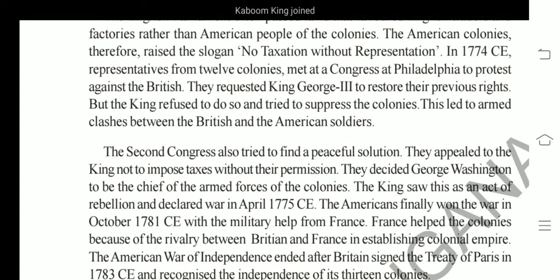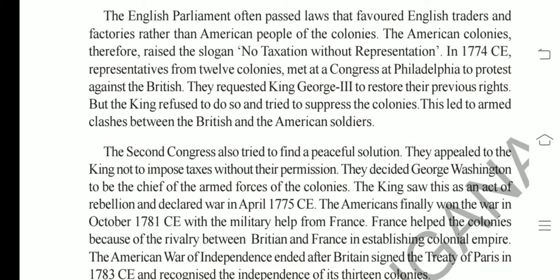The British Parliament, without consulting the 13 colonies of America, started imposing the taxes, right? So the people of the 13 colonies requested the king not to impose taxes without their permission.